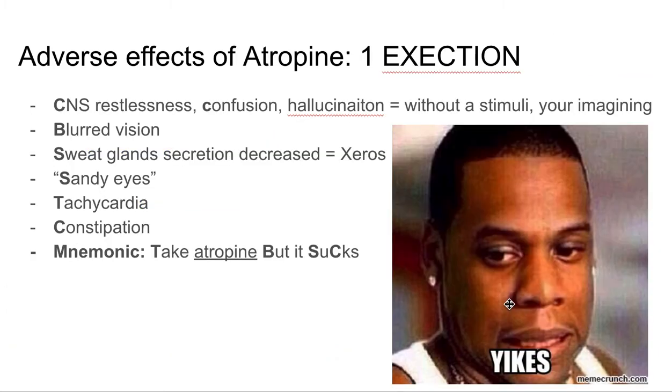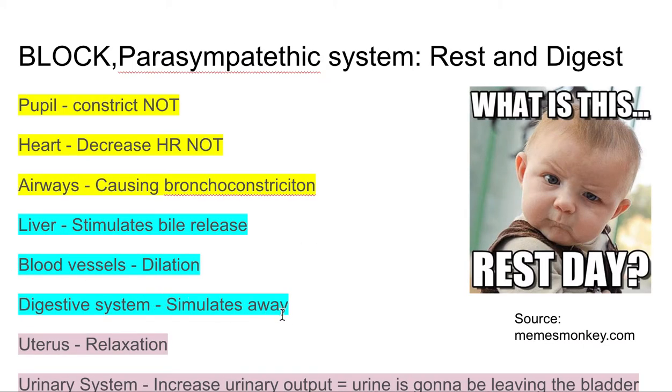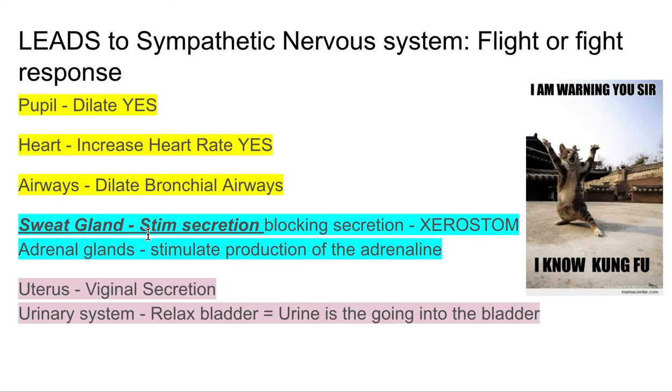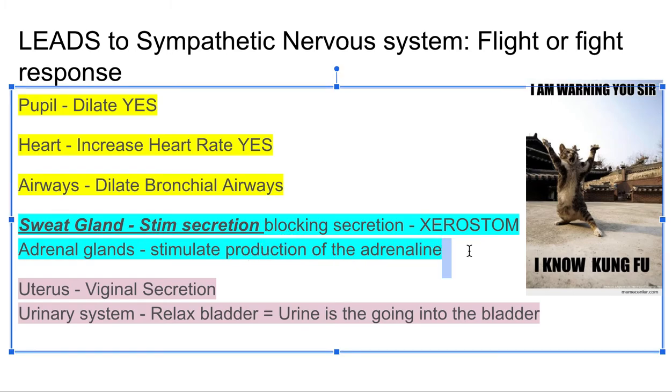The next thing is going to be the C, so constipation. So what happens in parasympathetic is that we're going to be digesting. Your digestive system will be stimulated. So we're now going to be blocking that, and we're going to be going to sympathetic nervous system. I haven't written here, but sympathetic nervous system causes your GIT to relax, essentially.